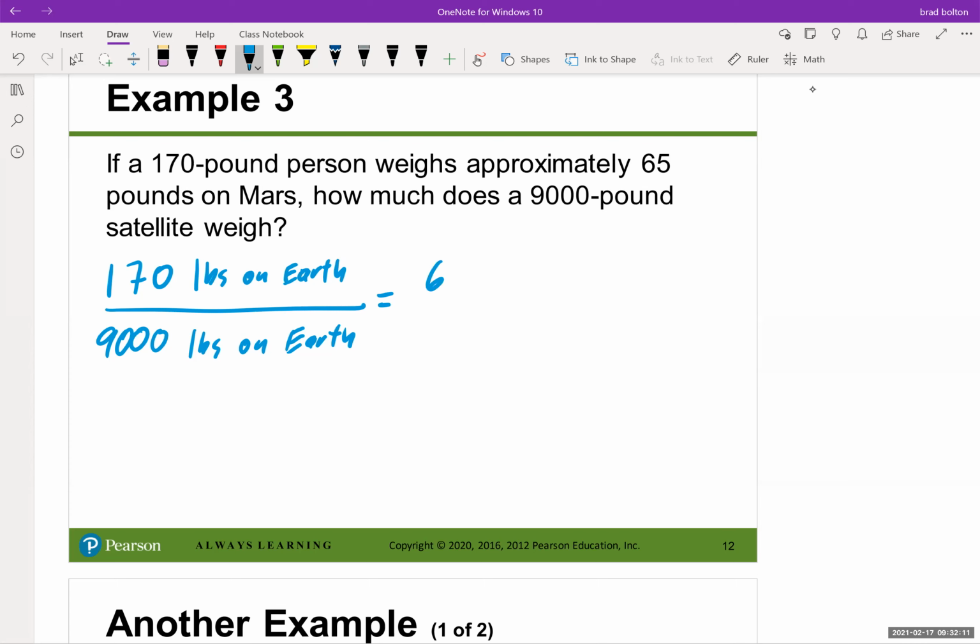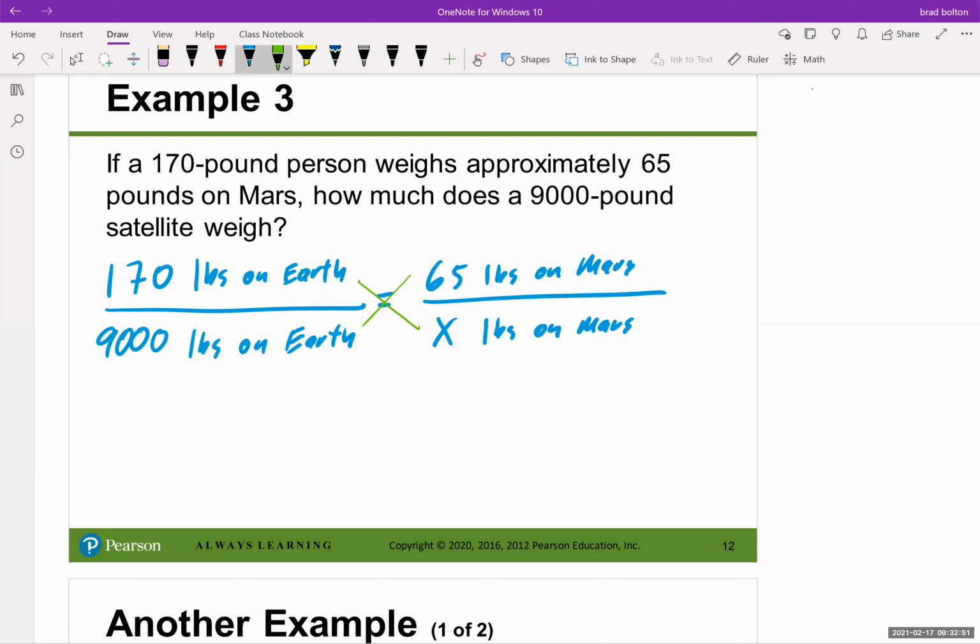So 65, since we know that the 170 weighs 65 pounds on Mars, divided by, now we don't know how much the satellite would weigh, X pounds on Mars. So I set up a proportion here that has Earth pounds versus Earth pounds and Mars pounds versus Mars pounds, okay? So I can now do my cross multiplying. Technically, you could say these labels are going to cancel, but let's not worry about the labels so much at this moment.